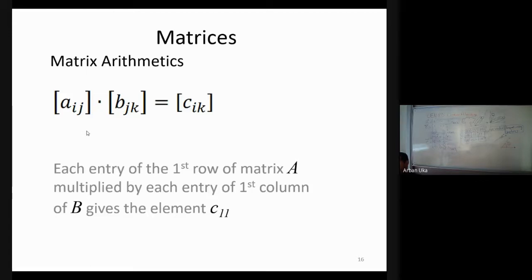So, you have A_IJ times B_JK, you are going to add over J. But what does this mean for you? If A and B are 3 by 3 matrices, that means that J is going to be 1, 2, and 3. Okay? Keep this in mind. You can take a note when you solve the example.